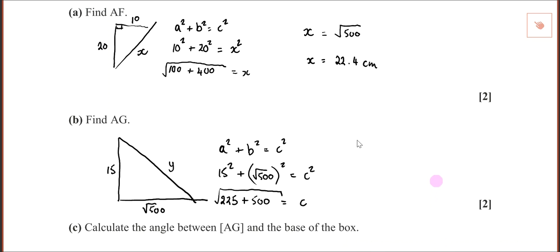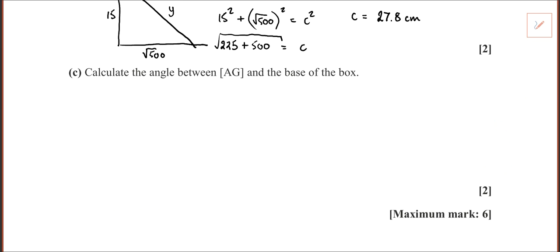So then c is the square root of 775, which you can then do on your calculator as 27.8 centimetres. And then we could just check it should be a bit longer than the other one, and it is. It's fine.